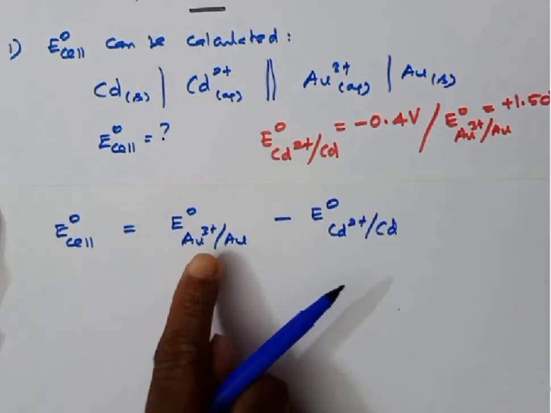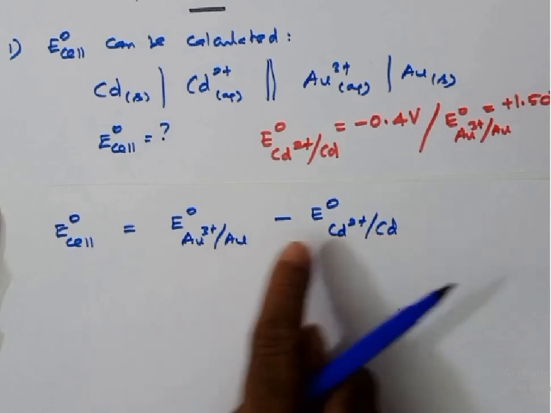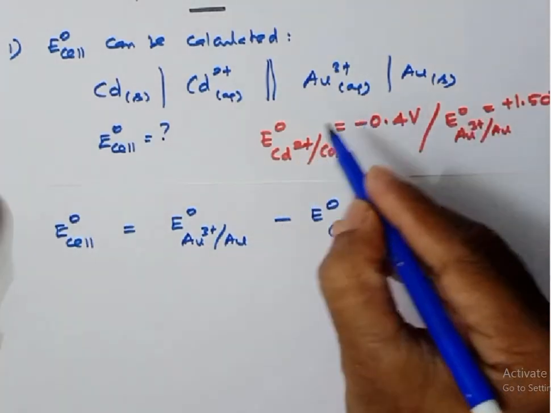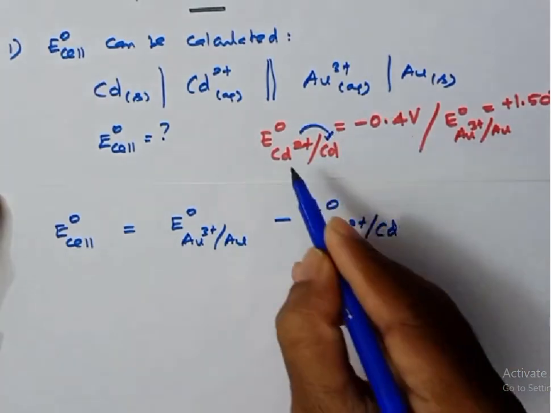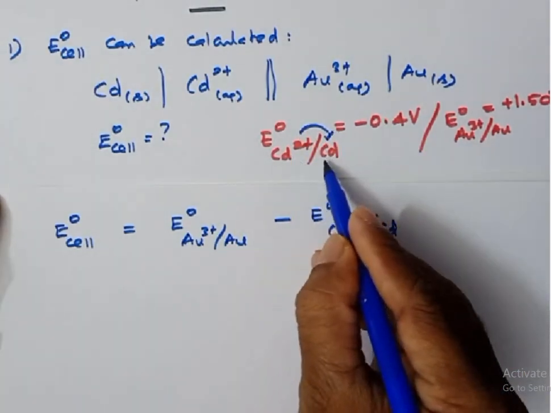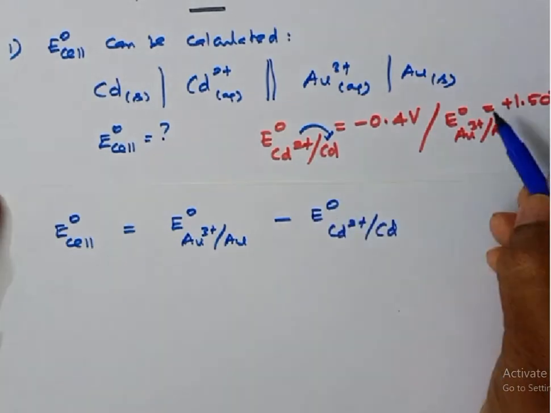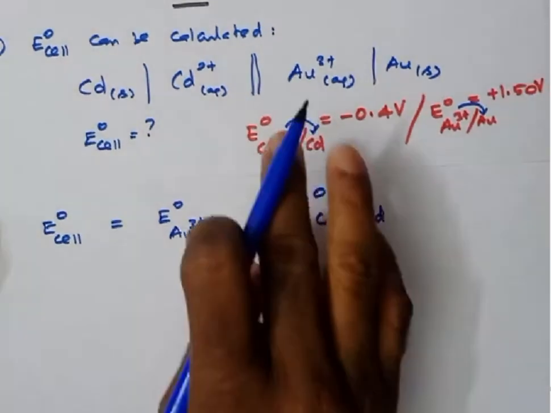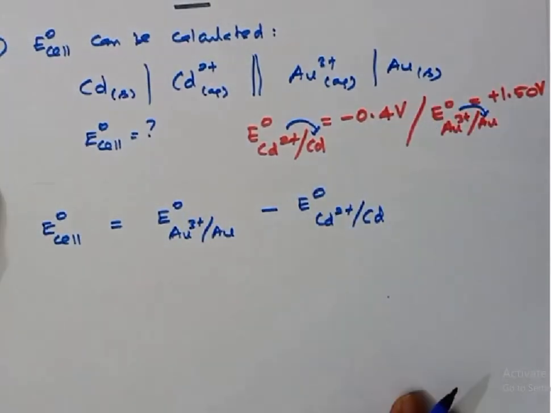Students, observe carefully. I'm considering only reduction potentials, and here also only reduction potentials are given, right? Cadmium 2+ becoming cadmium, reduction potential. Gold 3+ becoming Au, reduction potential. So the values given are reduction potentials.